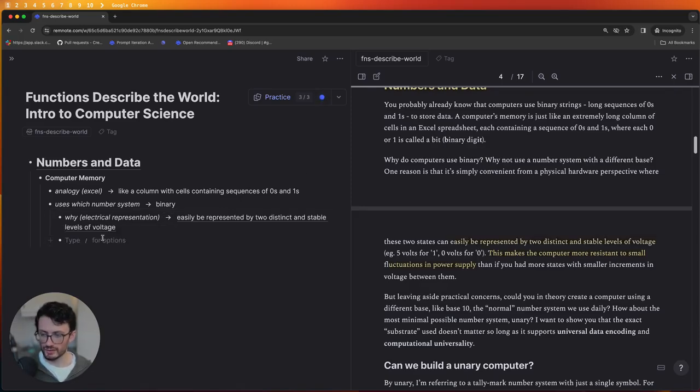And now I have a choice. I could either indent again under here and create another sort of Y flashcard under this one.